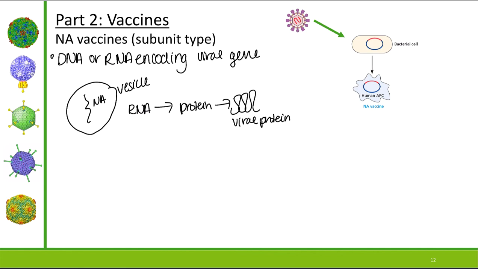If it's DNA, of course, DNA would then be transcribed to RNA and then translated to protein, and then boom, viral protein. So this is why oftentimes this is considered a variant of the subunit protein approach. And as you can imagine, this is a very challenging approach.